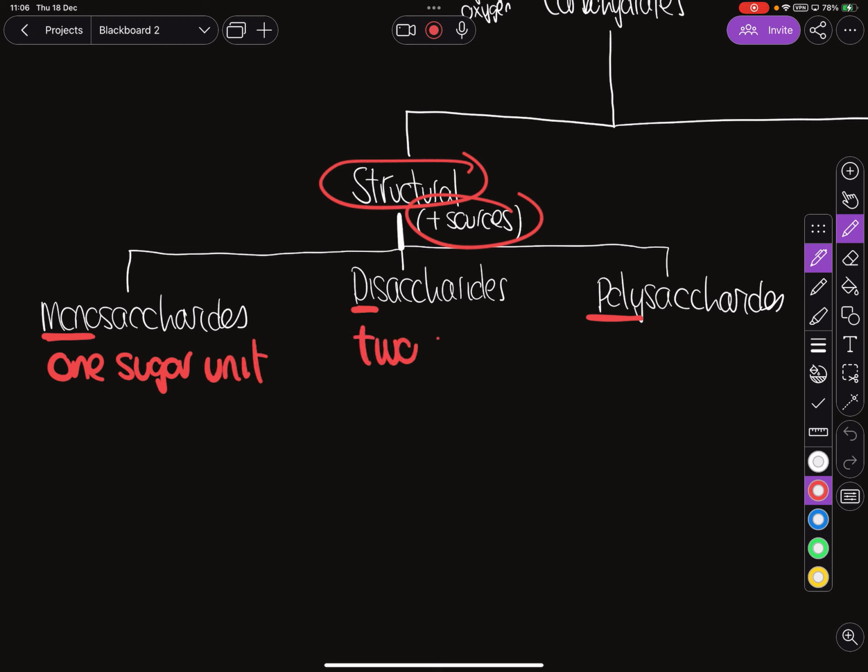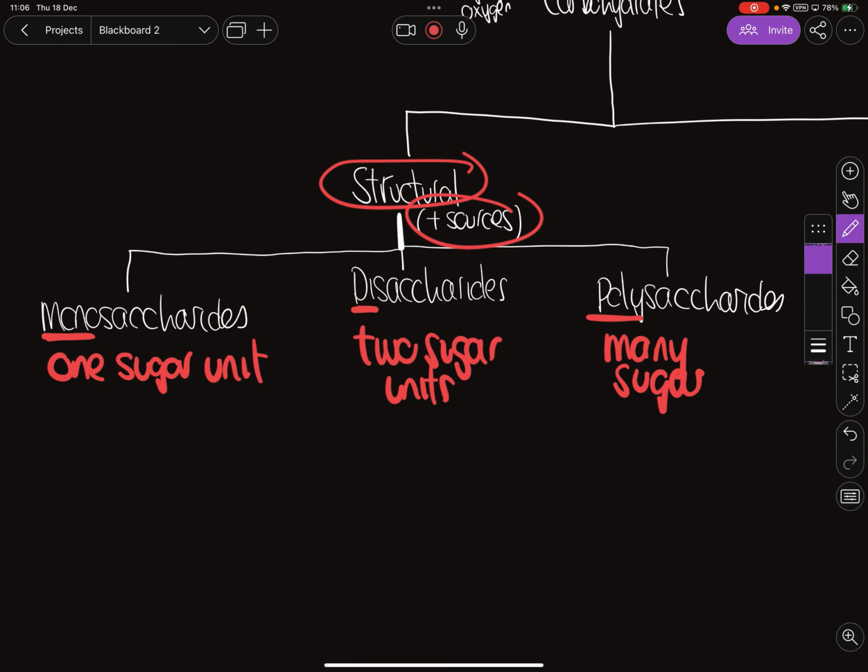Disaccharides would be 2 sugar units, and poly just means many sugar units. In an ideal world, we want to digest monosaccharides because they are easy to get from our intestines into our blood.